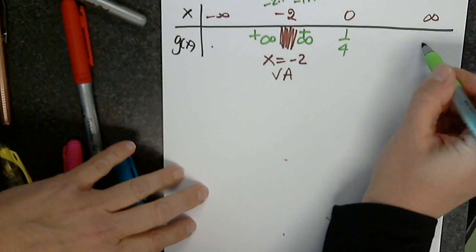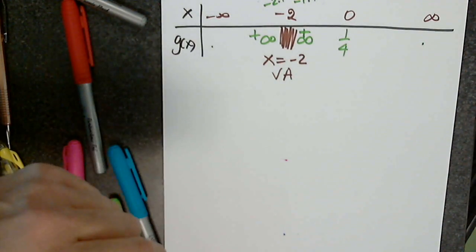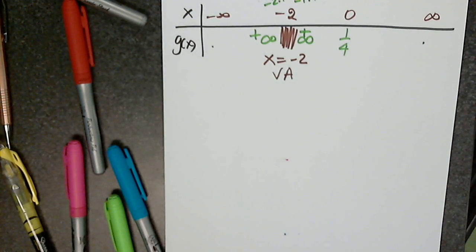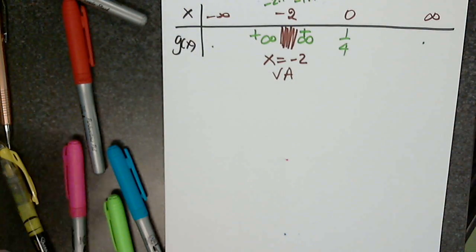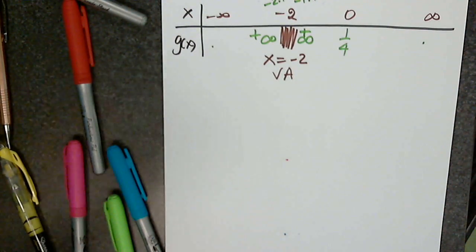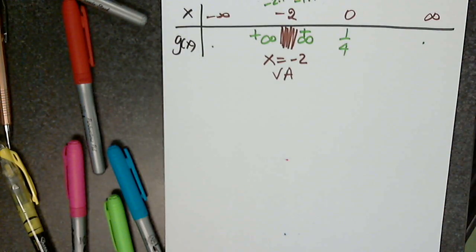Now I need the end behavior and the horizontal asymptote. What is the degree of the top of this? I'm not asking about the power of 1. I'm asking about the degree of the polynomial at the top. 0, of course, there is no x, right? So the degree at the top is 0. What is the degree in the denominator? 2. So every time the degree at the top is smaller than the degree at the bottom, what is the horizontal asymptote always?